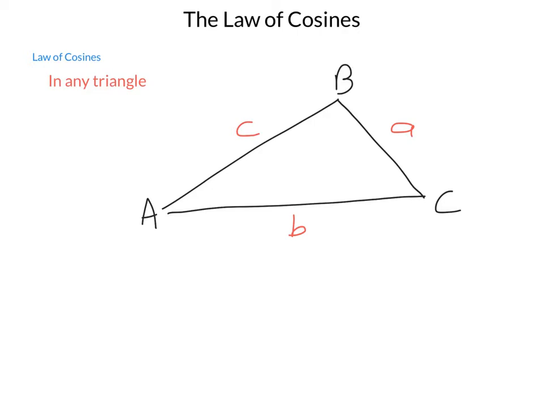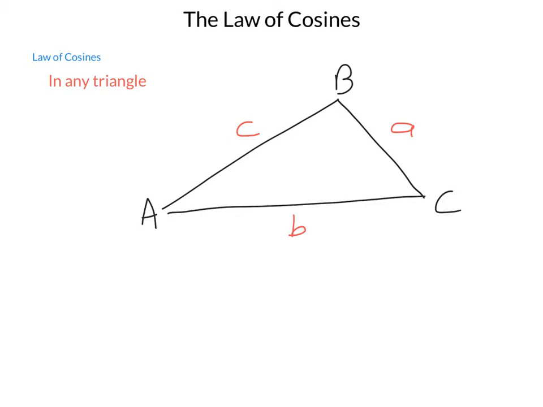So in any triangle, in this case we have triangle ABC, and using our notation and methodologies from geometry, side a is opposite angle A, side b is opposite angle B, side c is opposite angle C. We can develop relationships that might look a little bit familiar.